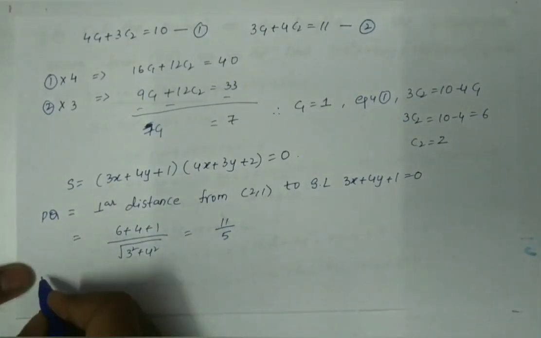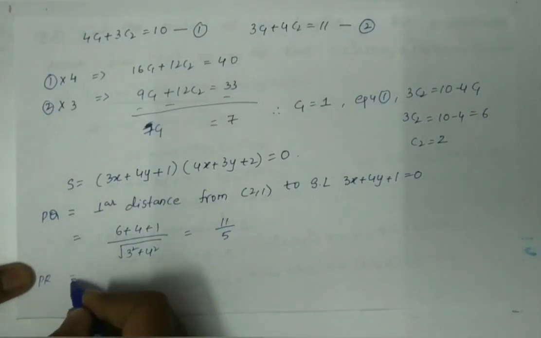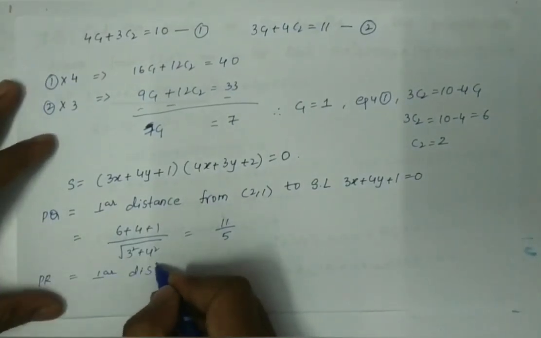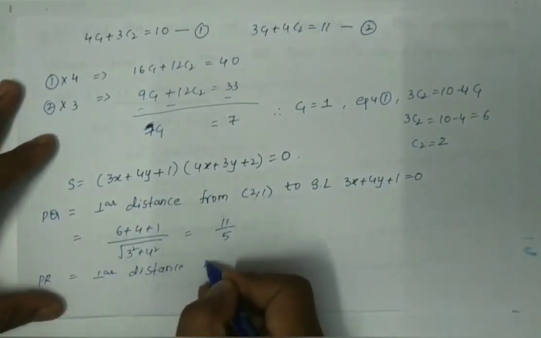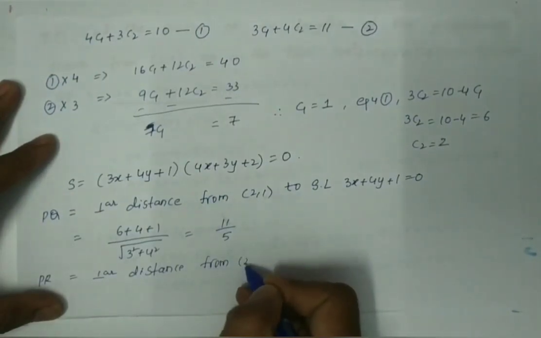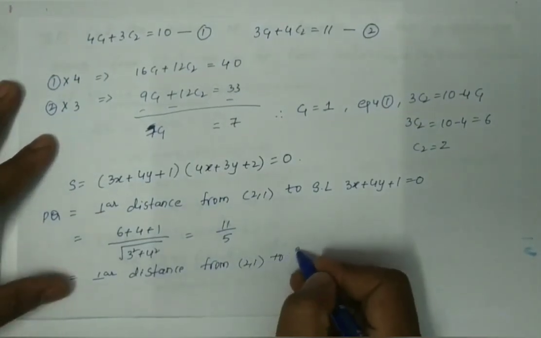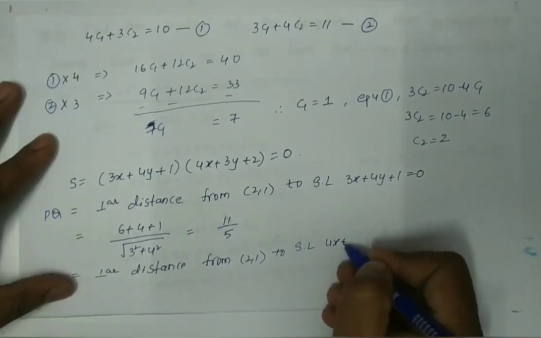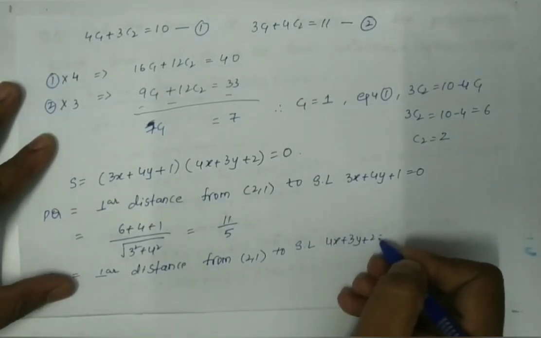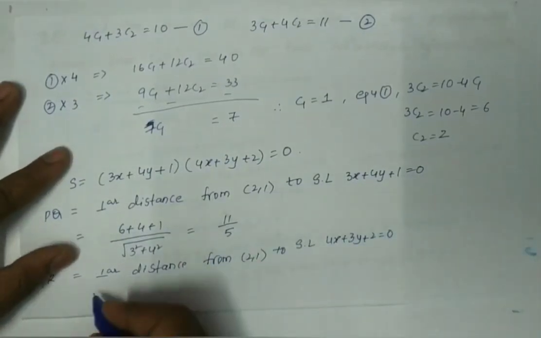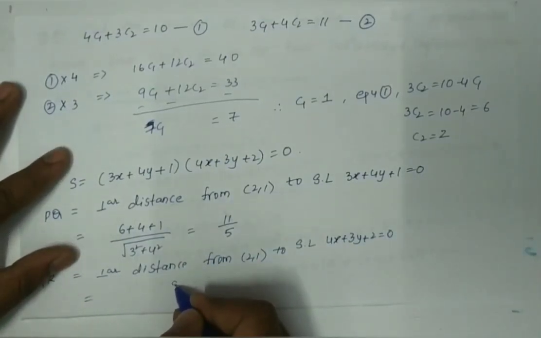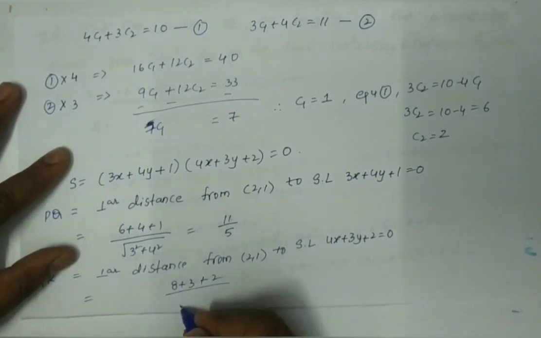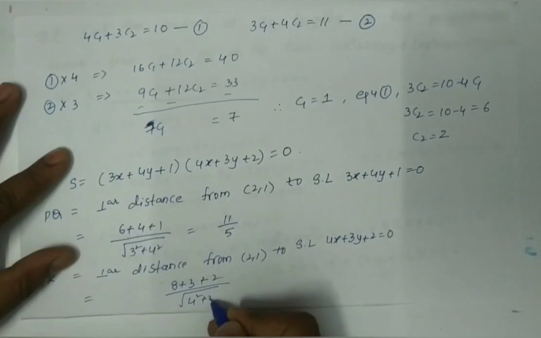Okay, similarly PR, the perpendicular distance from the point (2, 1) to the straight line 4x + 3y + 2 = 0 is given by (8 + 3 + 2) divided by under root of 4² + 3².